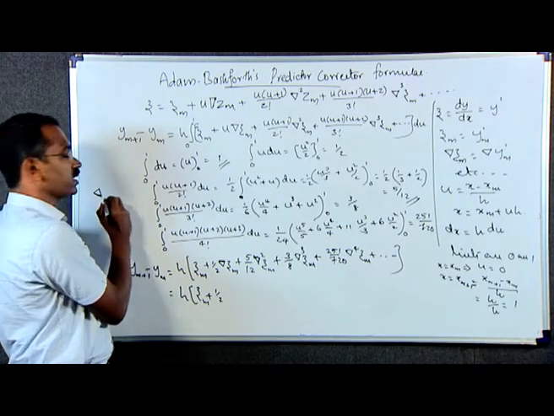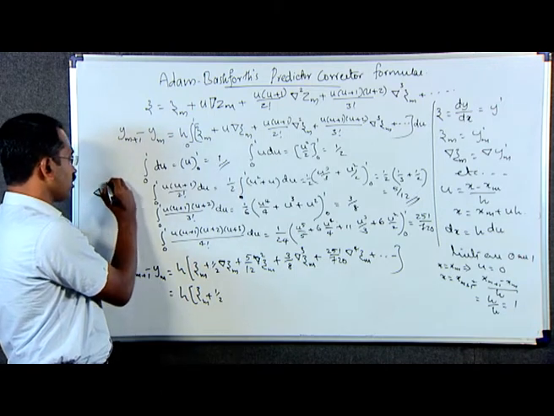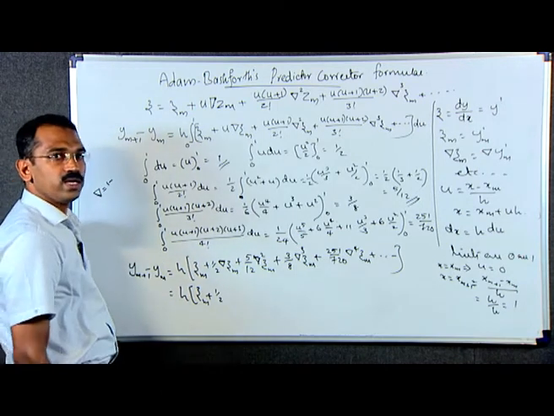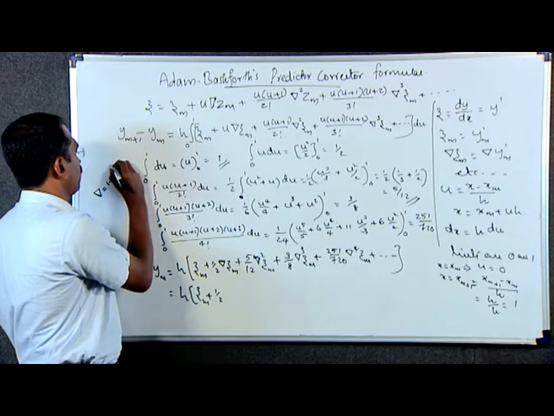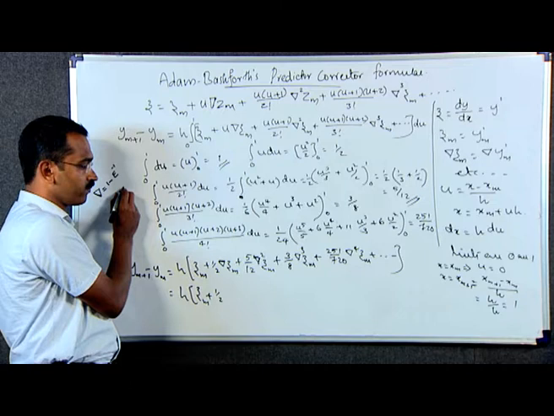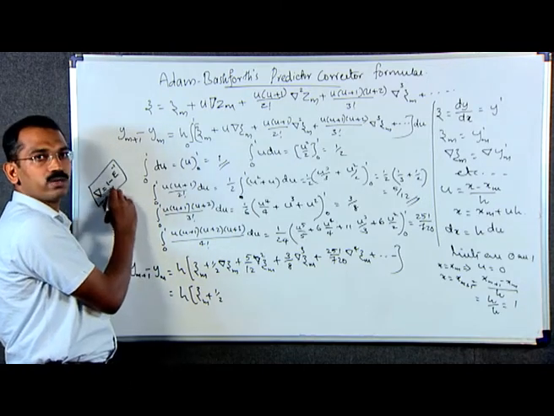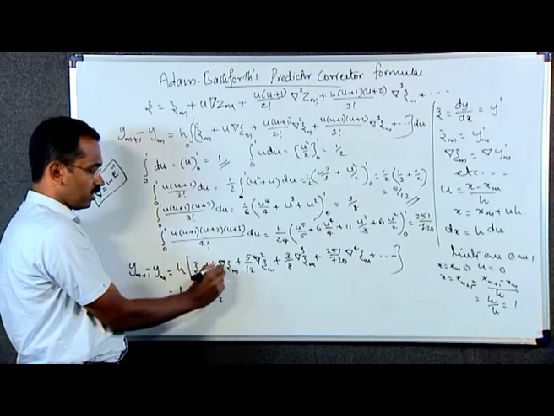In the finite differences, we derived the relation between the backward difference operator and the shift operator E as del is equal to 1 minus E inverse, where E inverse means the inverse shift operator. Therefore, we use this result, del is equal to 1 minus E inverse, here.